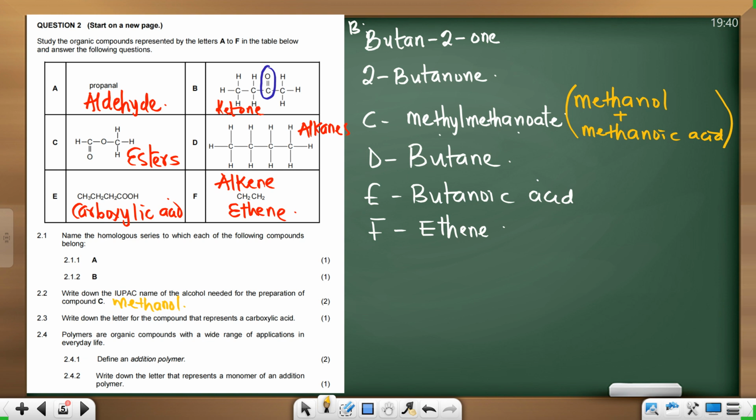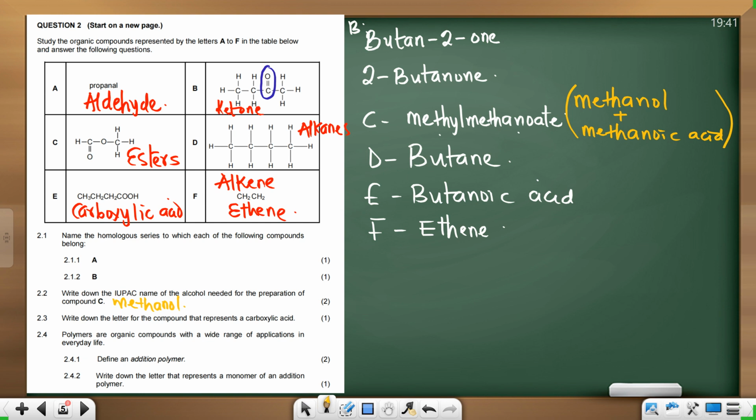Okay. Polymers, it should be out, but I'll still talk about it. It's in the question paper. There's nothing much to talk about when it comes to polymers.